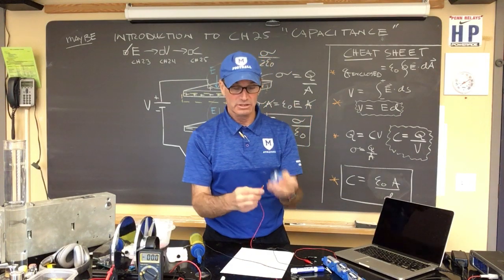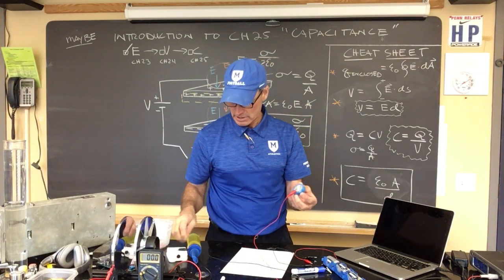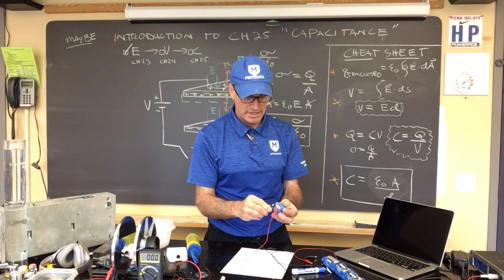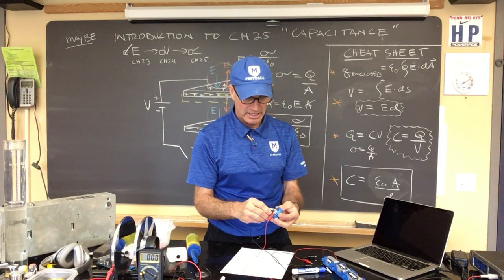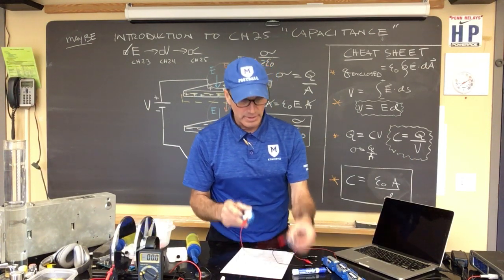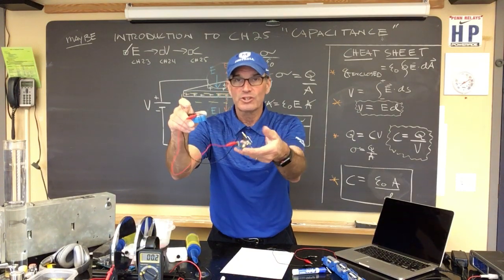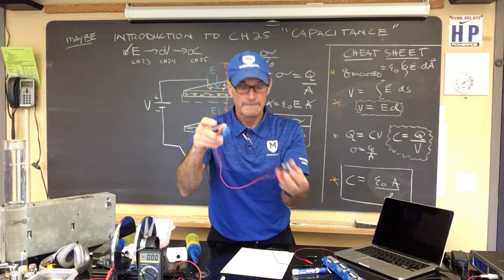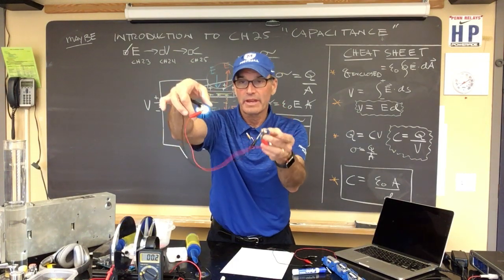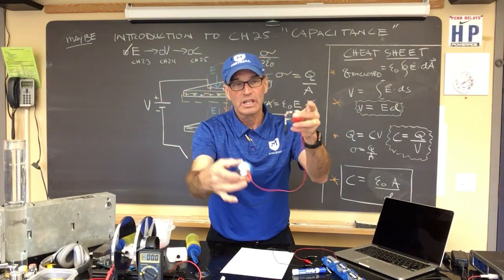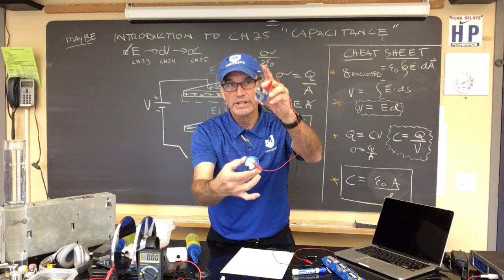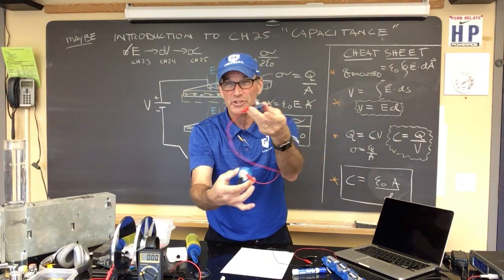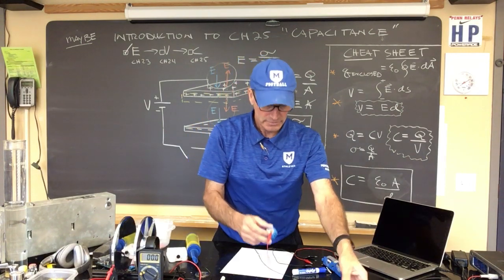To make sure, I'm going to hook up the terminals of the capacitor to this light bulb to see if there's any electrical energy left in it. And sure enough, the light bulb's not lighting up. Maybe I need to show you that just so that I'm not fibbing. Okay, look at that. I've closed the circuit. I have a complete circuit, and there is no electrical energy present for the most part, or at least it's not enough electrical energy to light up that light bulb.